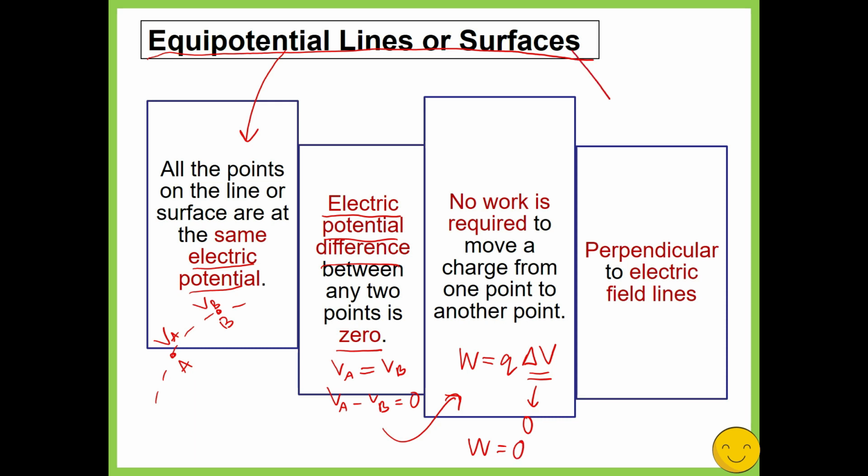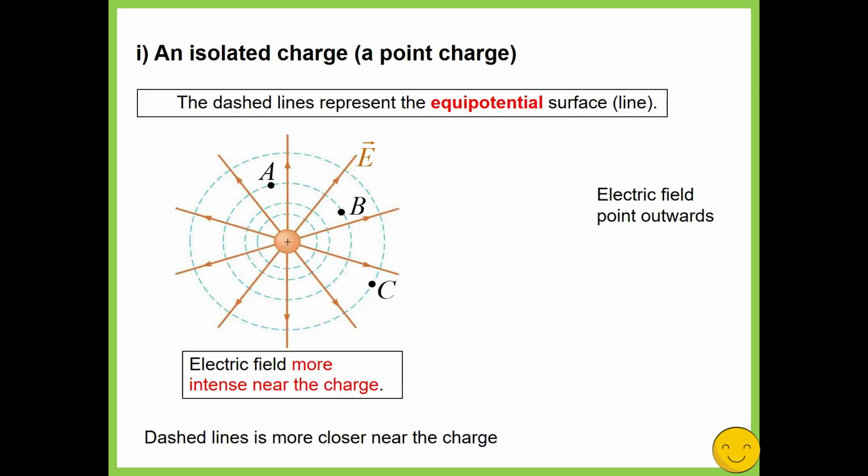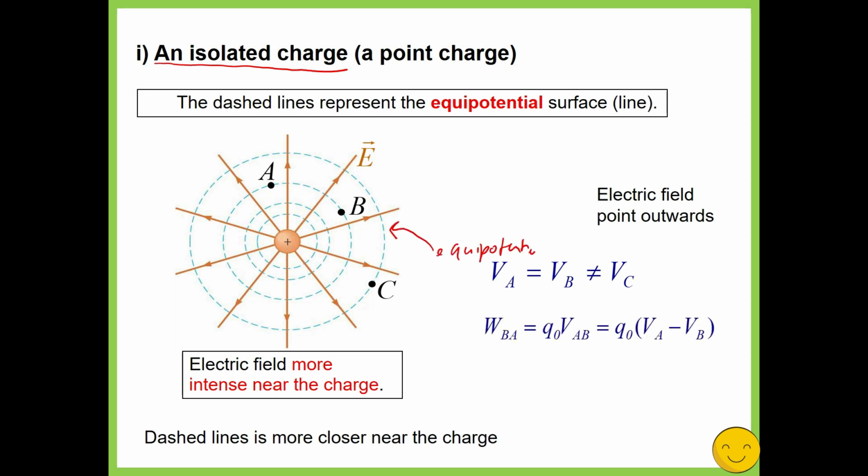These equipotential lines are normally drawn as dotted lines and must be perpendicular to the electric field lines. Let's say this is your electric field lines. We must draw our equipotential lines perpendicular to the electric field lines. So this is our equipotential lines. Based on the given condition, for an isolated charge, this blue dotted line here is our equipotential line, and this orange line here is the electric field line.